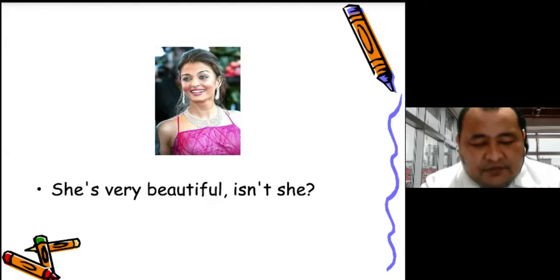She is very beautiful, isn't she? It is the same as when we say she is very beautiful, right? So that is an example of a tag question.